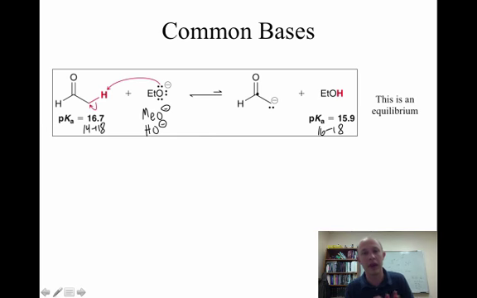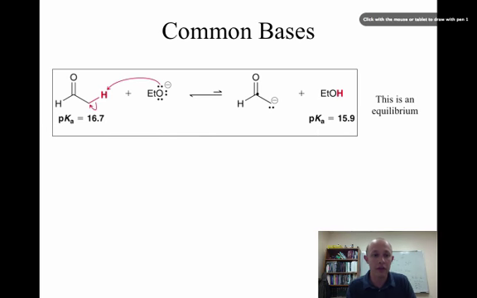And we're going to see examples of reactions where it's really important to have a concentration of both the aldehyde and the enolate. Sometimes you want to have both of these things present in the reaction, and under those types of reaction conditions you want an equilibrium, so you're going to choose an alkoxide like ethoxide or methoxide or hydroxide ion as your base, so you can establish this equilibrium that has a measurable concentration of both species.